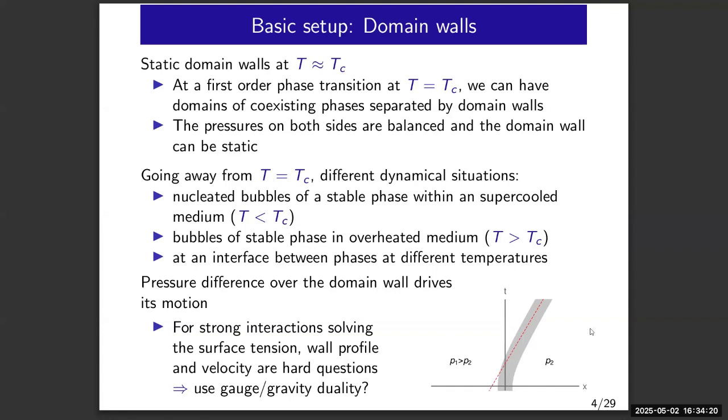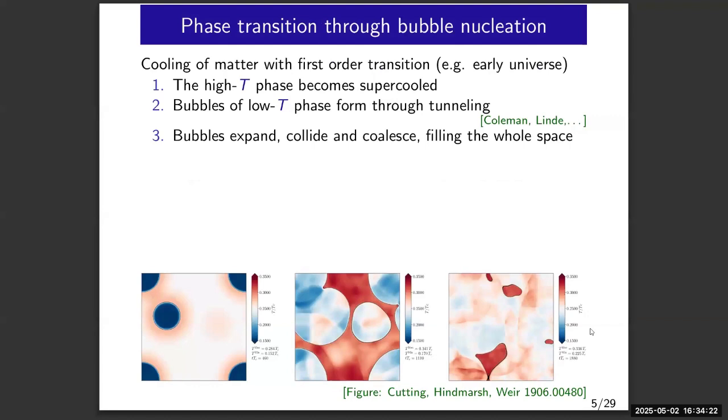For this talk, maybe I should discuss a little bit more about this phase transition happening through bubble nucleation. You can think of this happening in the early universe, but this is of course more general. Any cooling of matter with a first order phase transition will go through something like this.